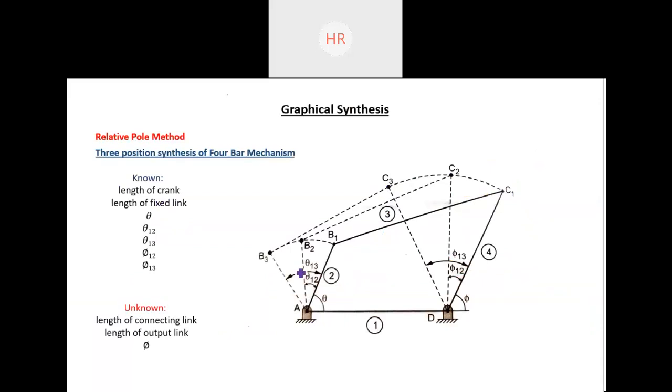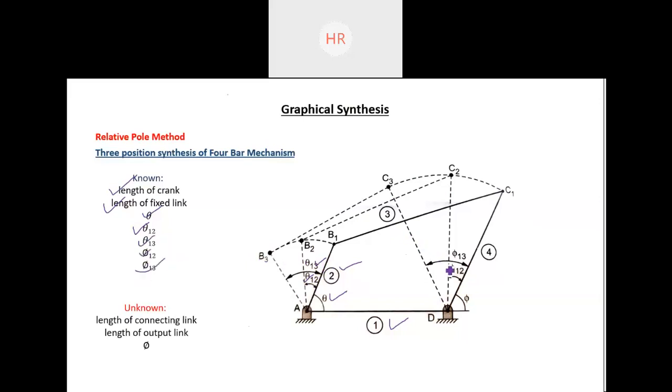Okay. So in this three position synthesis, the known things are the length of crank, this length of link number 2, the length of fixed link, angle theta, theta 1 2, theta 1 3, phi 1 2, and phi 1 3.